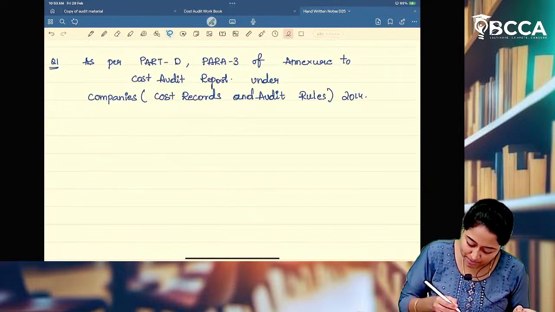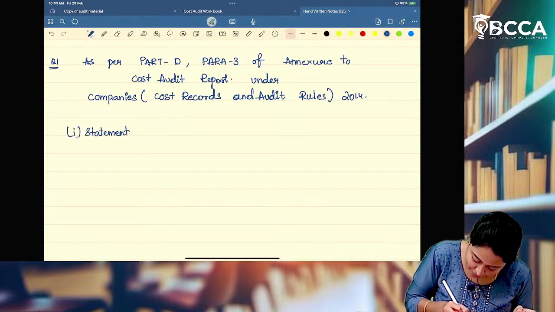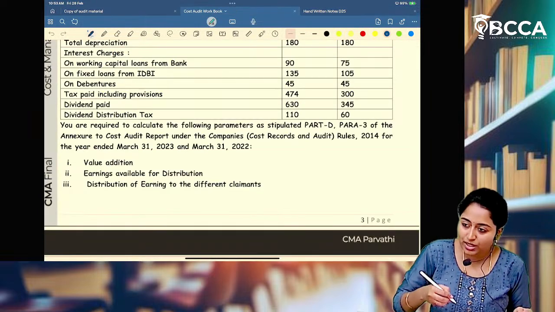Now, statement showing. Put it as first because they have given the bifurcation, right? 1, 2 and 3.